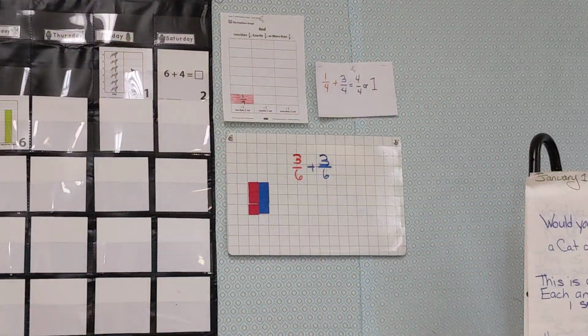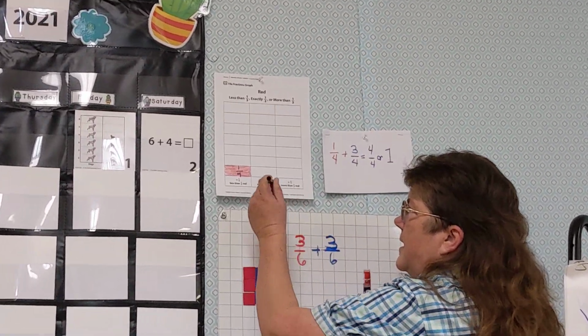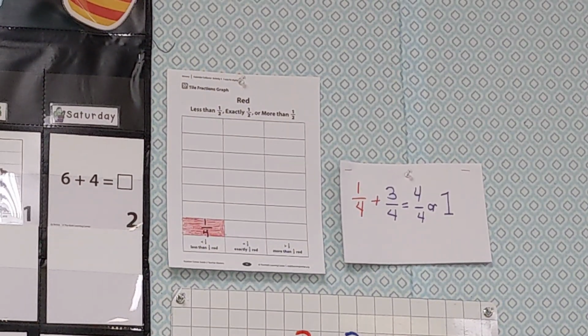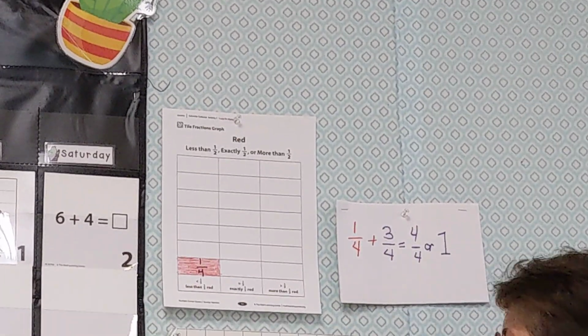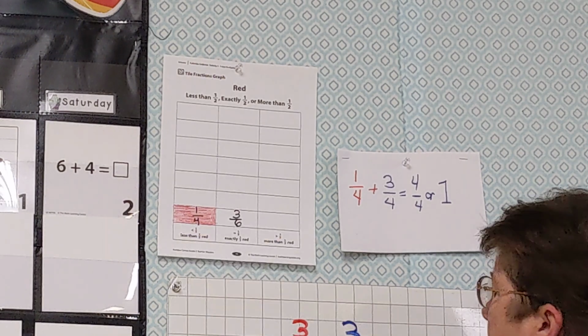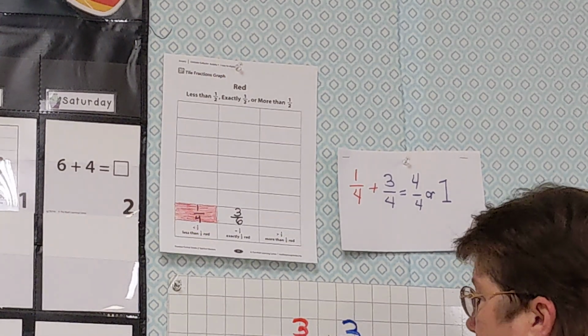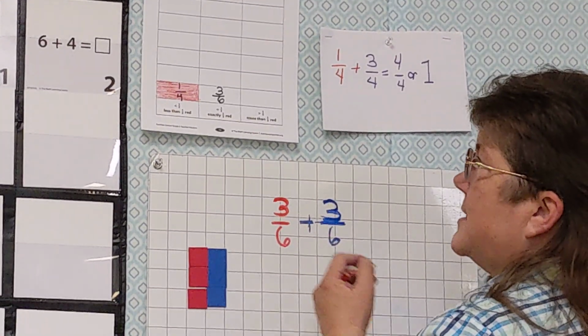Oh, here it is. I get to write exactly half for red. And so I'm going to write my 3, 6. Oops, I better not do that. But that will equal, 3 plus 3 will equal 6.